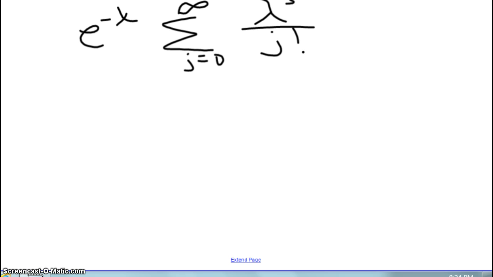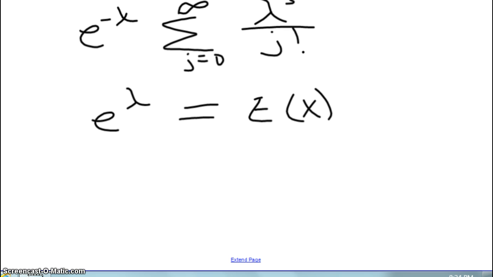It's going to give us e to the lambda, which gives us that the expectation of this particular random variable is just lambda, our parameter.